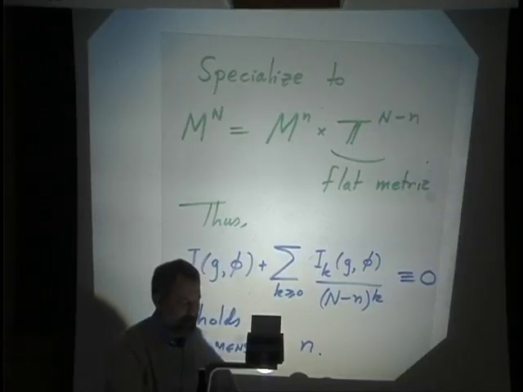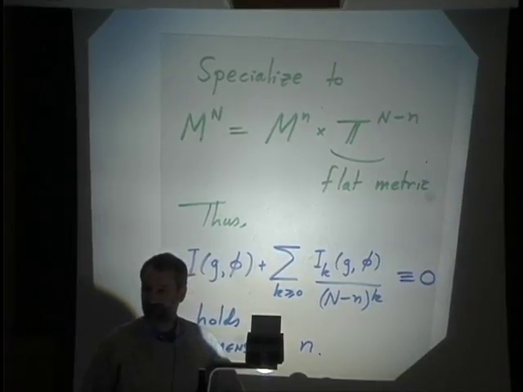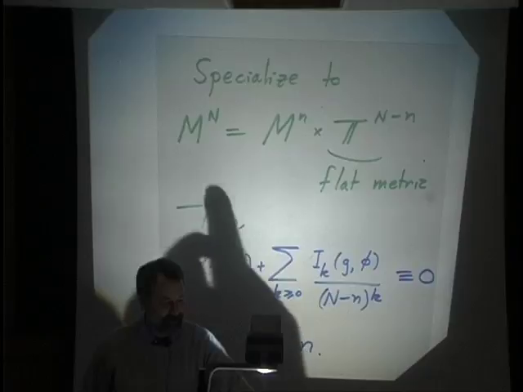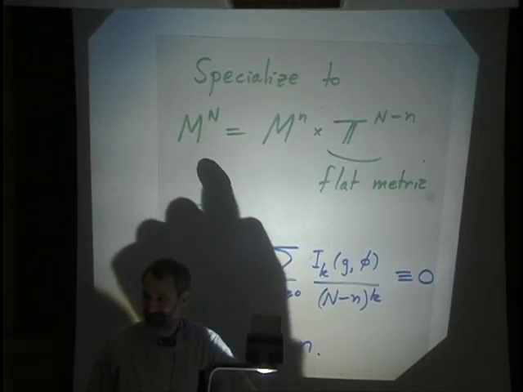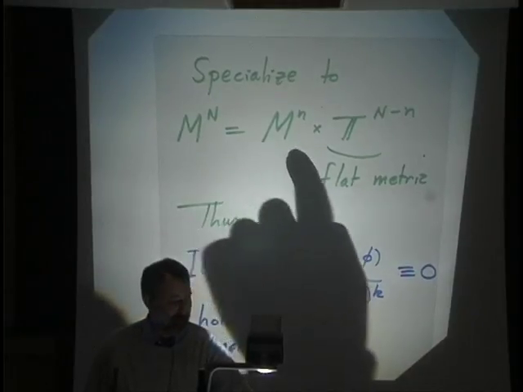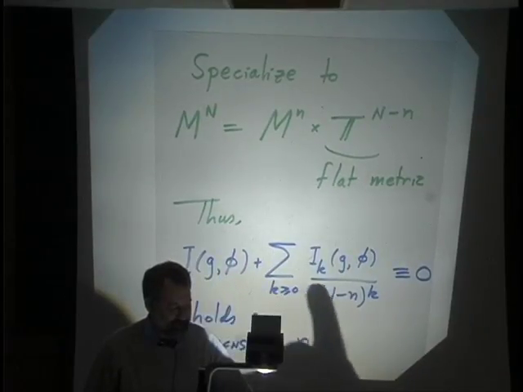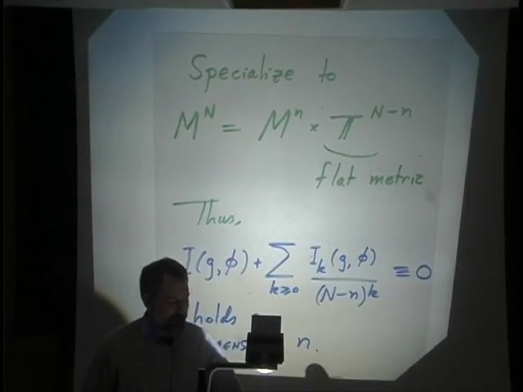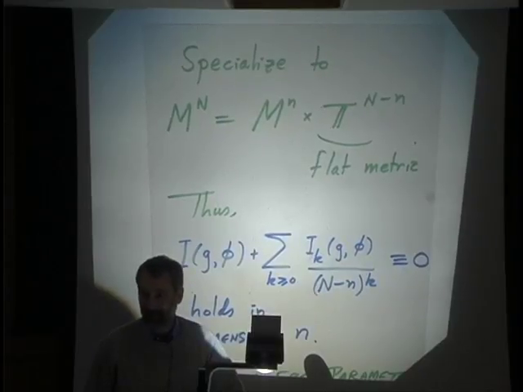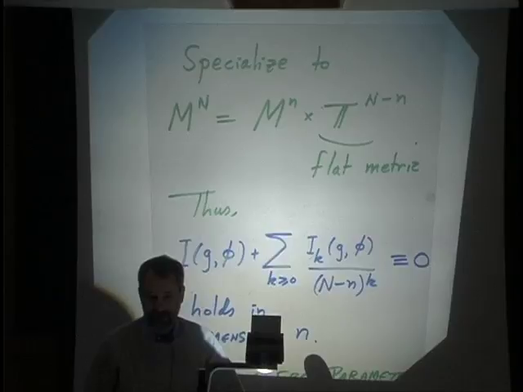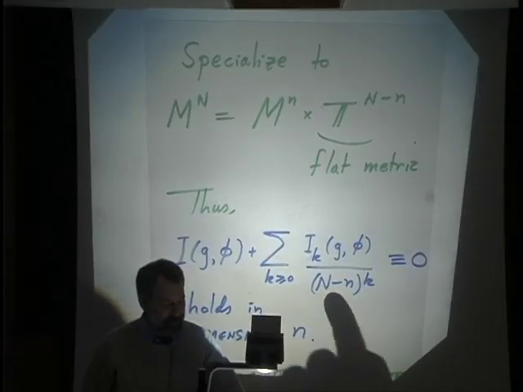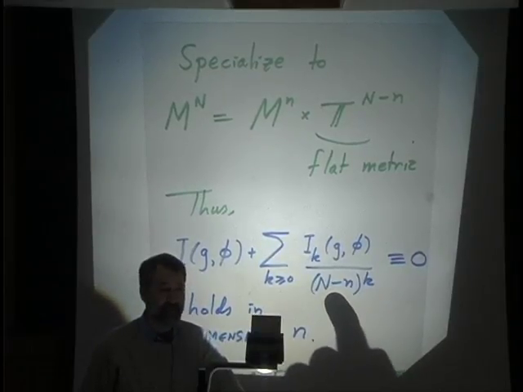If we do that, then of course the curvature in dimension capital N is related in a very simple way to the curvature in dimension little n, and therefore this same equation holds, but now in the fixed dimension little n, the original dimension in which we lived. So what is capital N doing there? It is simply a parameter.